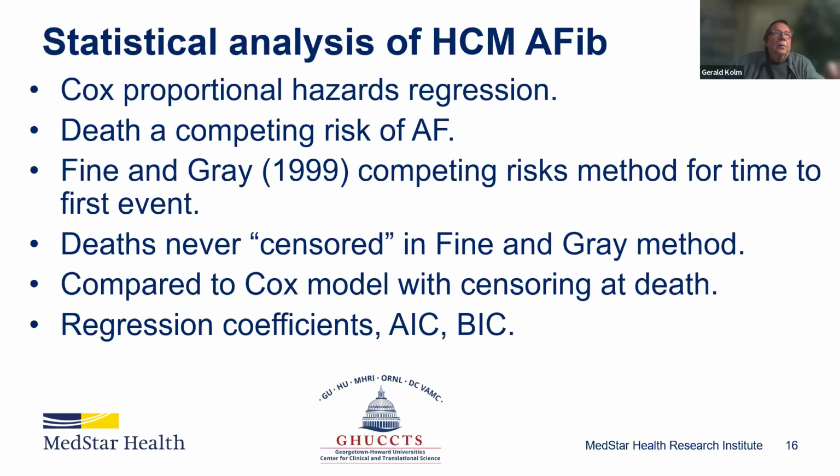We used this in a couple of instances, but we looked at time to the first event, because obviously with AFib you could have more than one AFib event, but one of our analyses was just to look at the time to the first event. The Fine and Gray method is commonly used for competing risk, and it's part of the survival packages in the major statistical packages: SAS, Stata, and you can do it in R.